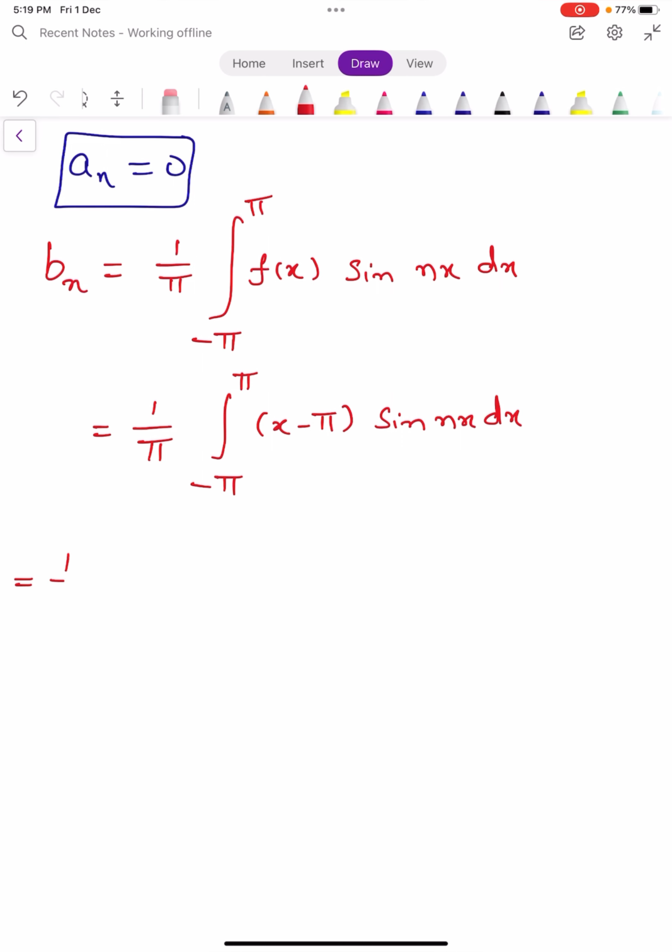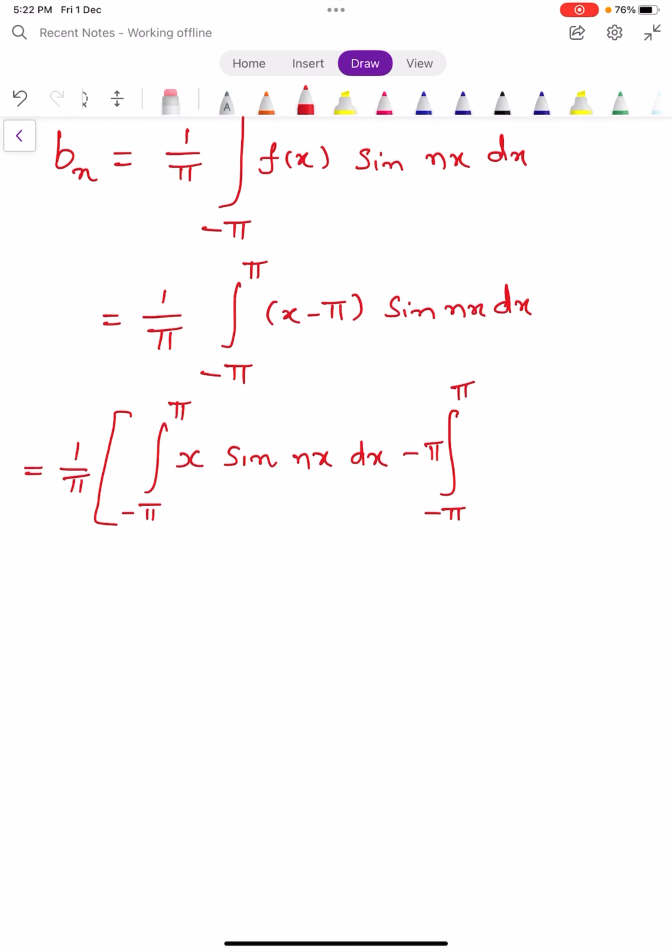Split the integral: 1 by pi integral from minus pi to pi of x sin nx dx minus pi integral from minus pi to pi of sin nx dx.